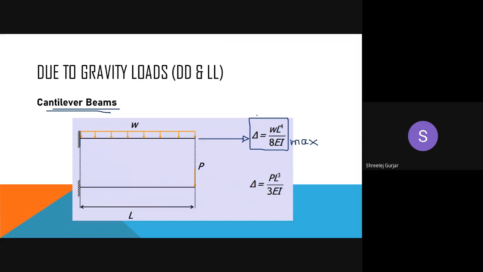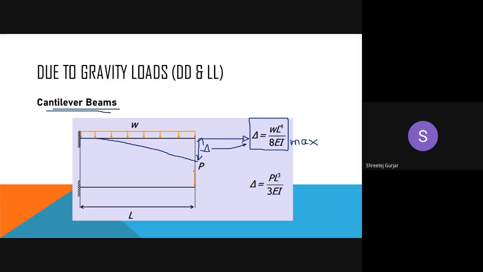Can you tell me where this maximum deflection, delta max, occurs in a cantilever beam? At the free end, right? 100% correct, at the free end. It is fixed, so it will be straight initially and then bend like this. So the deflection occurs at the free end, and delta is calculated using WL raised to 4 by 8 EI.